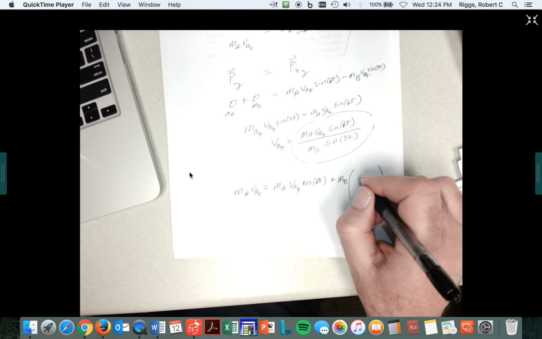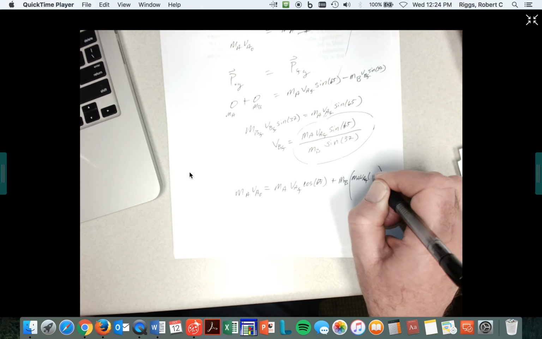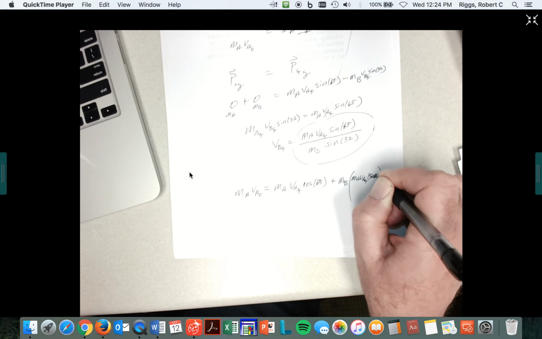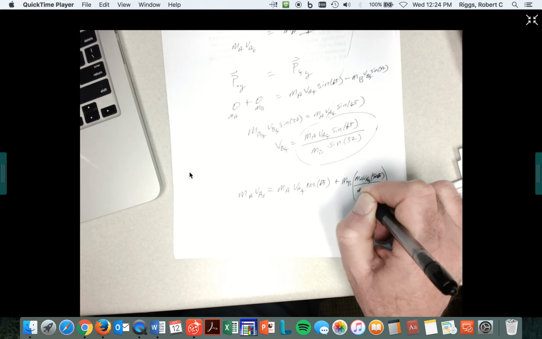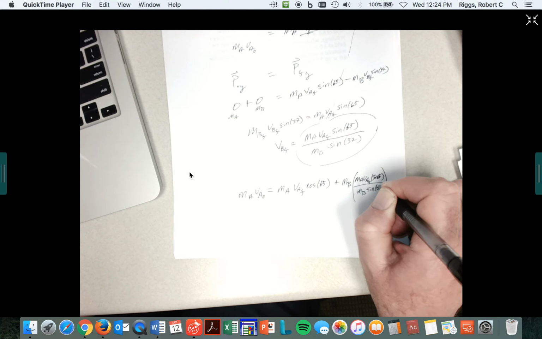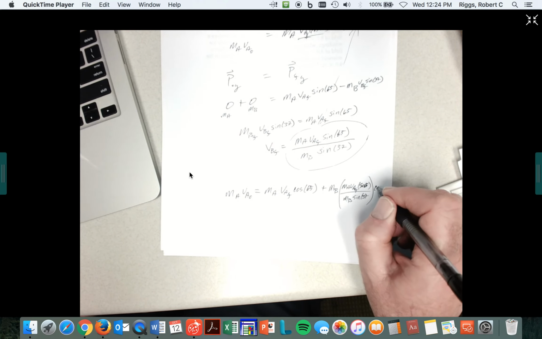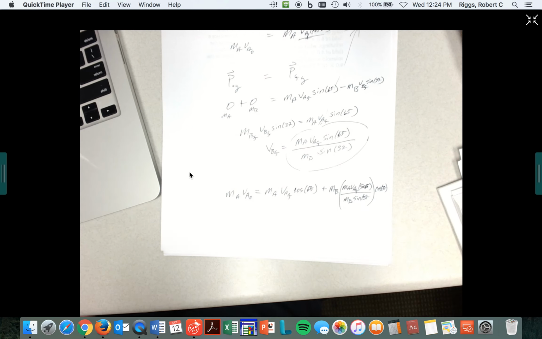VB final, where I get MA VA final sine of 65, divided by MB sine of 37, times cosine of 37. Okay? Now I can get a bunch of gunk and divide and solve for VA.